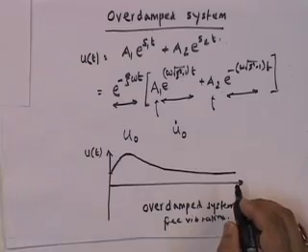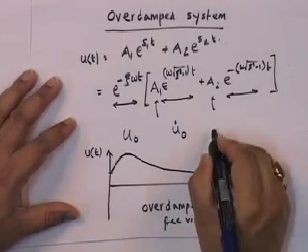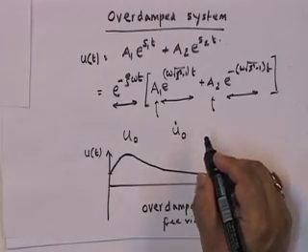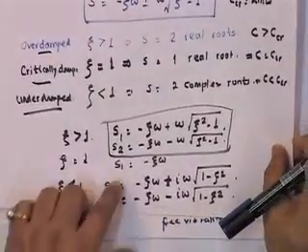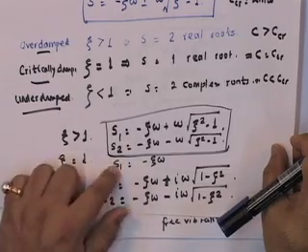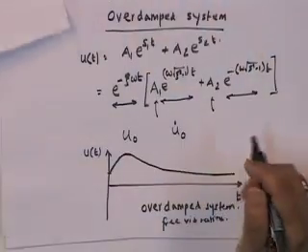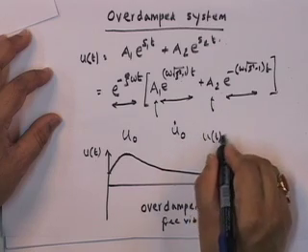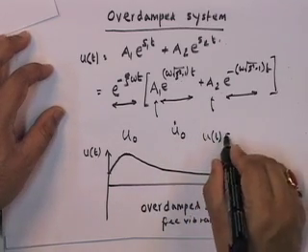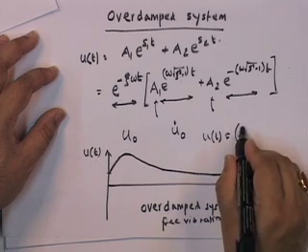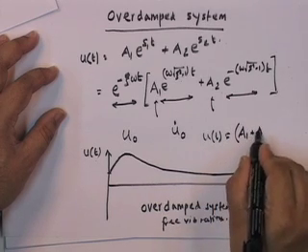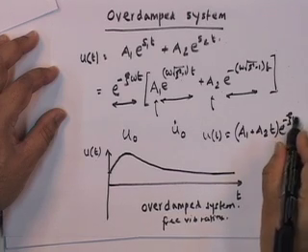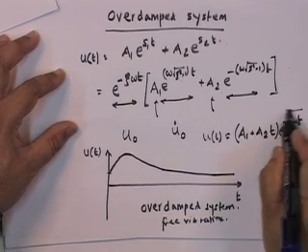Okay. Now, I just want to show a critically damped system. Without going into it, since a critically damped system only has one root, the solution u of t is actually of the form a1 plus a2 t, times e to the power of minus zeta omega t.